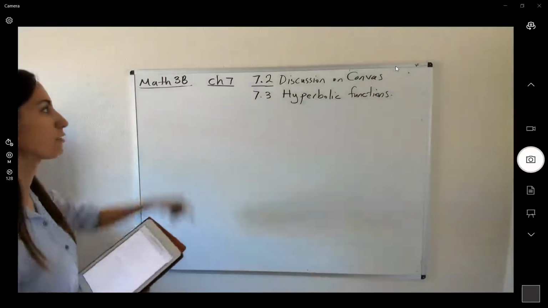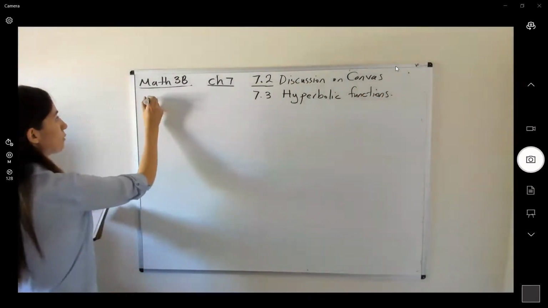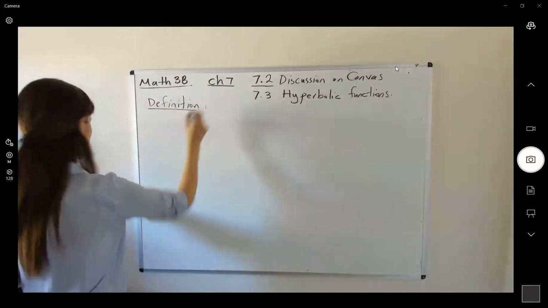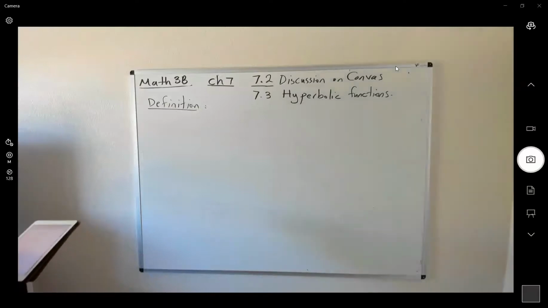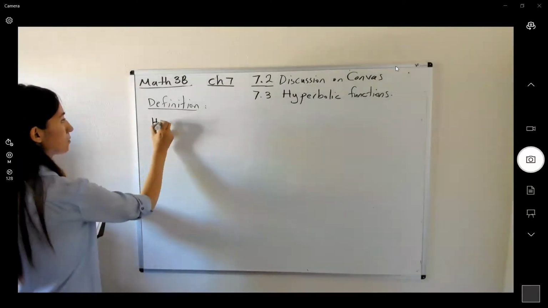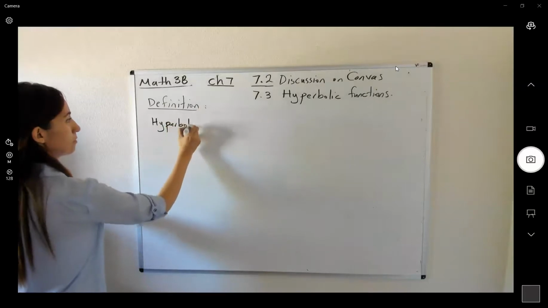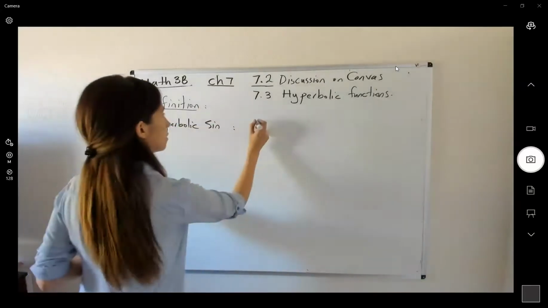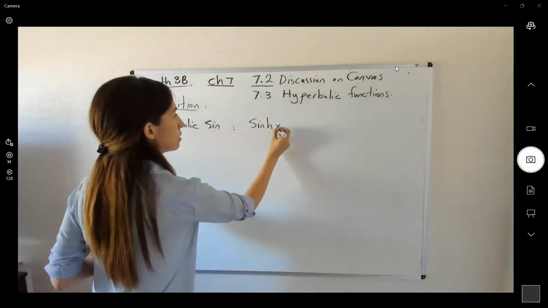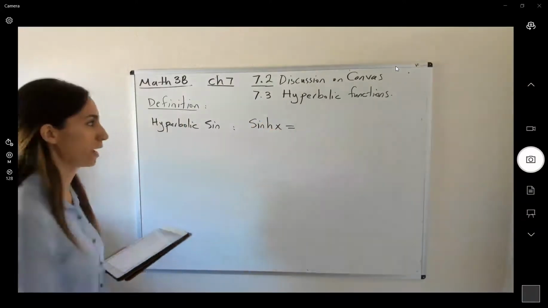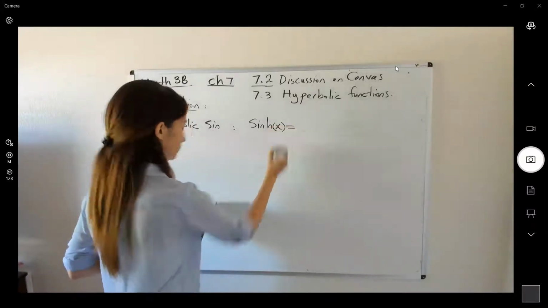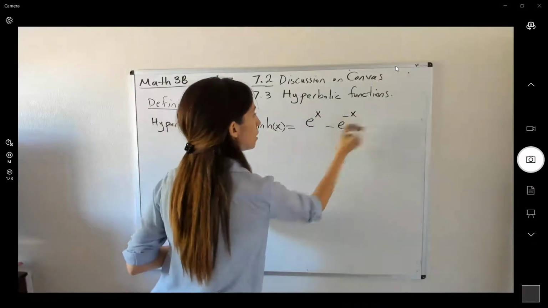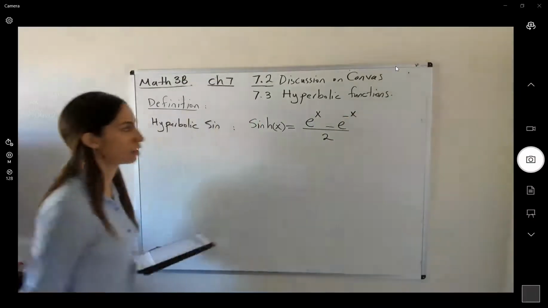So first of all, let's define a hyperbolic function. Definition. Hyperbolic sine is defined this way: hyperbolic sine of variable x is equal to e to the x minus e to minus x, divided by 2.